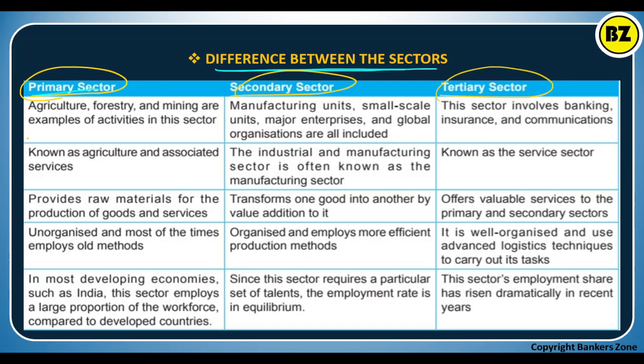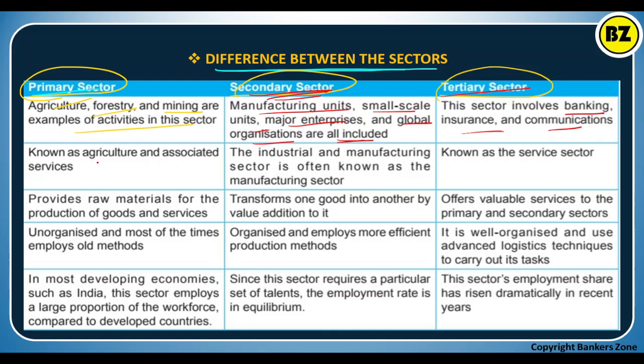Agriculture, forestry or mining are the examples in the primary sector. Manufacturing units or small scale units, then major enterprises or global organizations, are part of the secondary sector. In the tertiary sector, banking, insurance and communication, very easy, right?